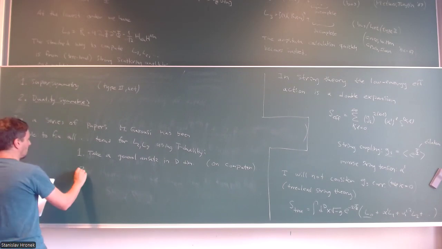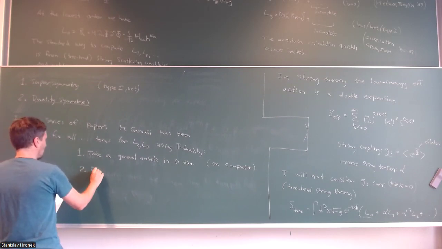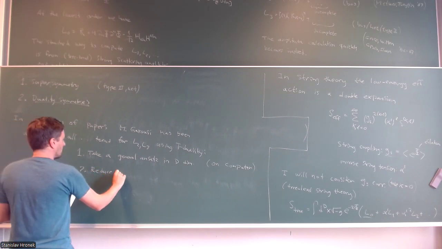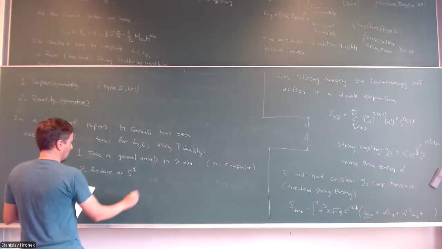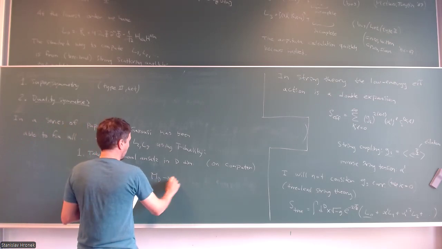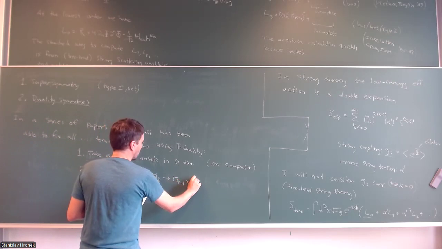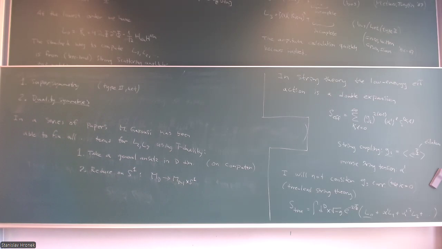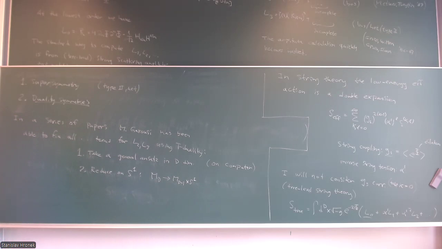Then step two is to reduce this on a circle. So start from some arbitrary d-dimensional manifold and reduce it to some (d-1)-dimensional manifold on the circle. We assume there's no dependence on the circle, so it's just dimensional reduction. So that has to be an isometry.